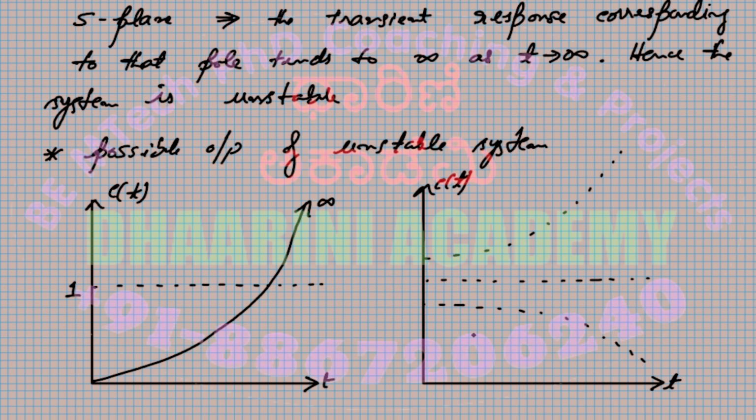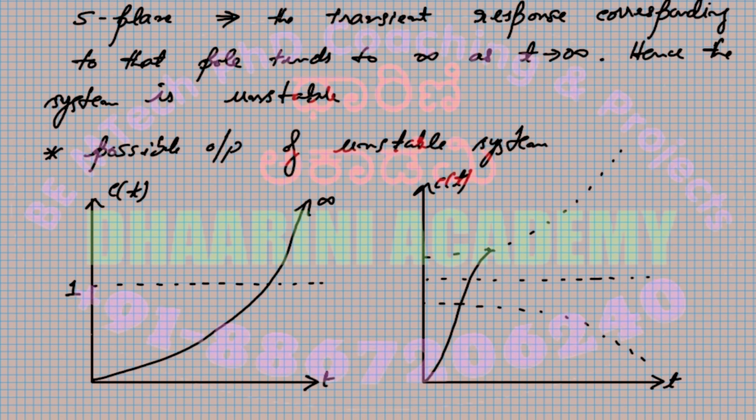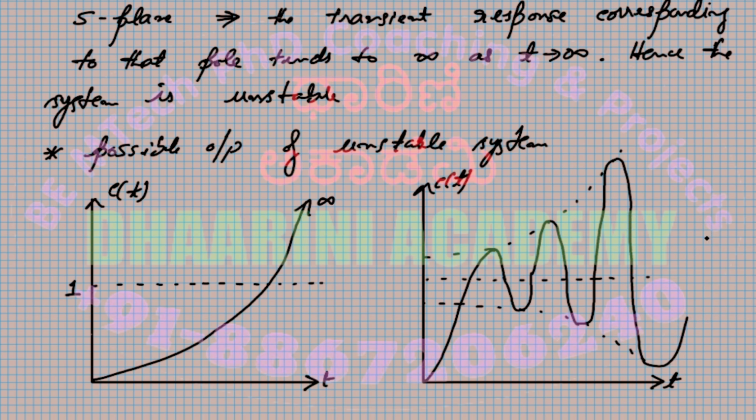We'll see the exact example later. It starts, goes like this, comes down. You see, its amplitude is also increasing as the time progresses. So these bounds will reach infinity. That is also another possibility.